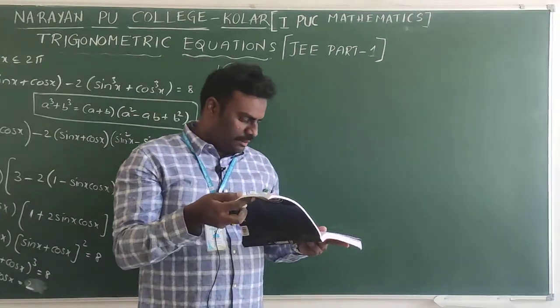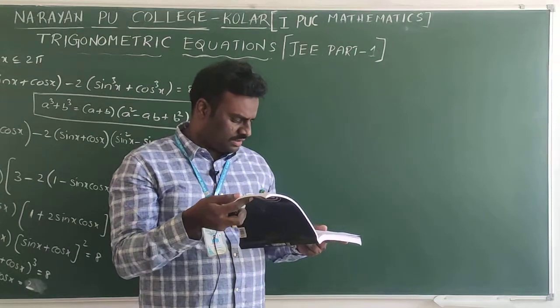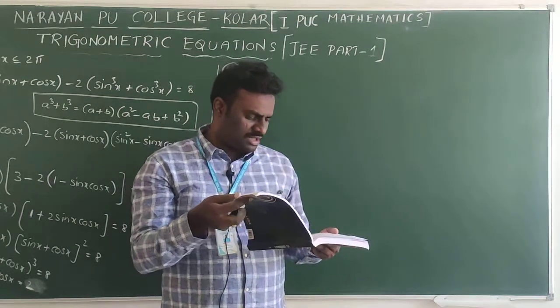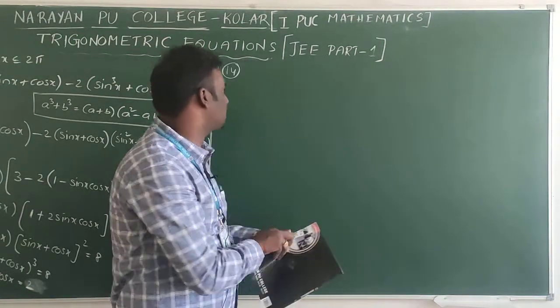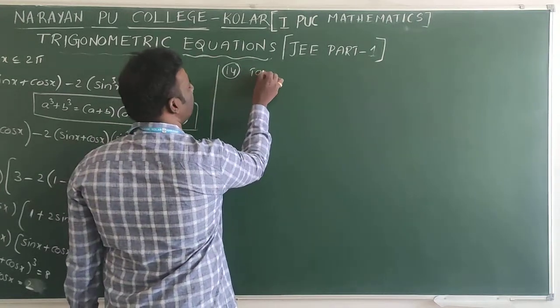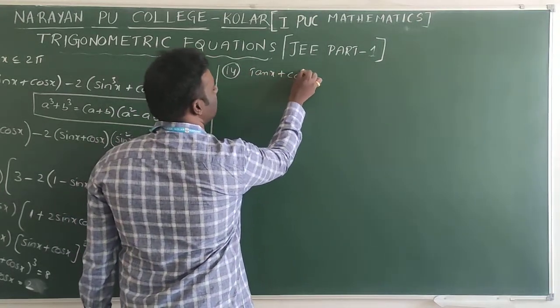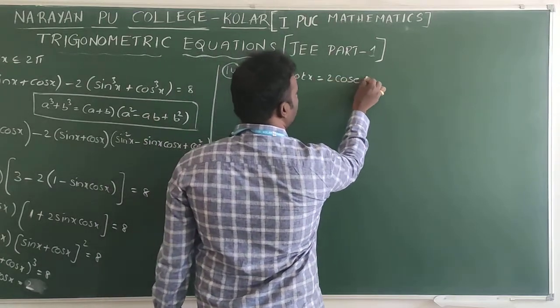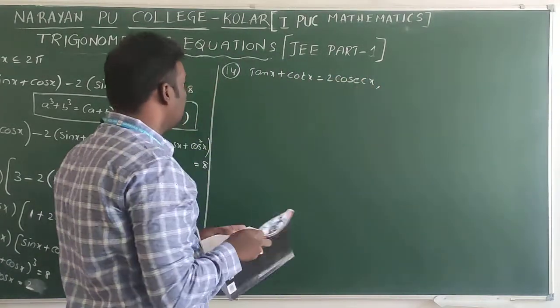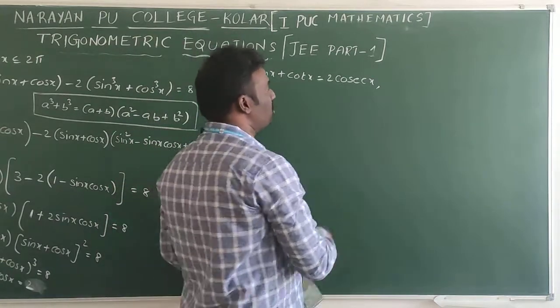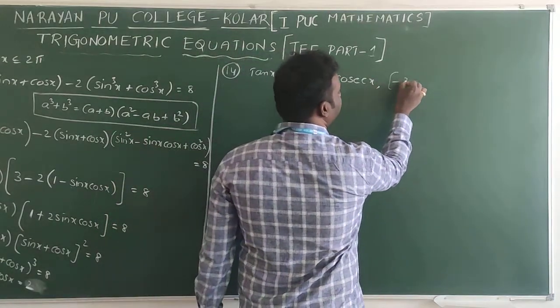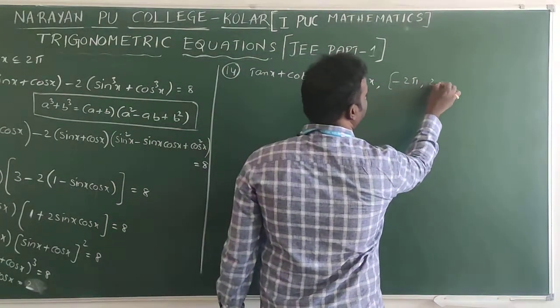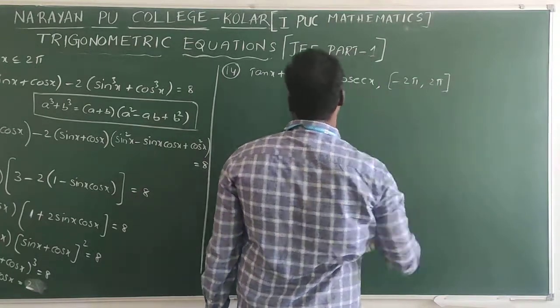Next, 14th. The total number of solutions of tan x plus cot x equals 2 cosec x, where the range given is minus 2π to 2π.